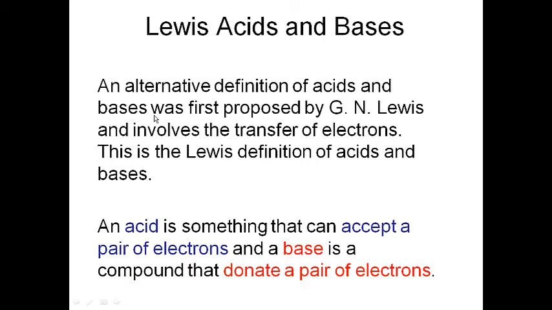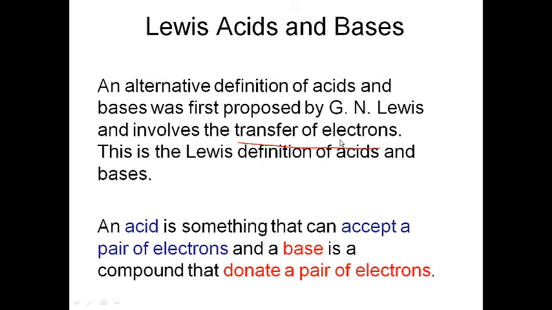Now, in organic, we use a combination of Bronsted-Lowry acid base to talk about donating protons. But we also use the Lewis acid base definition that was proposed by G.N. Lewis. And Lewis, I guess, really broadened the definition of acids and bases to involve the transfer of electrons. Whereas Bronsted-Lowry talks about transfer of protons, Lewis says transfer of electrons.